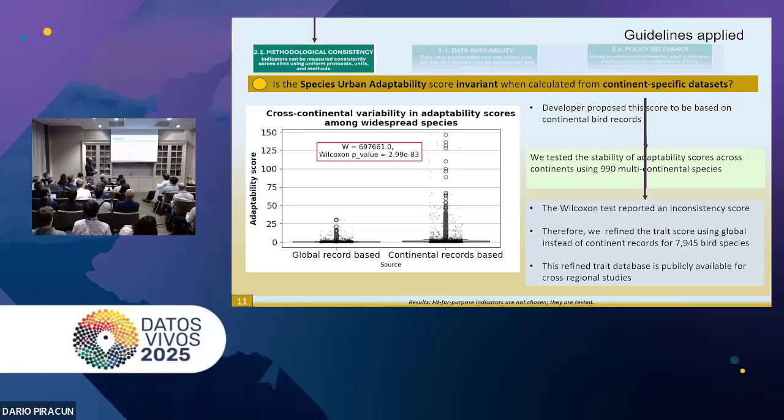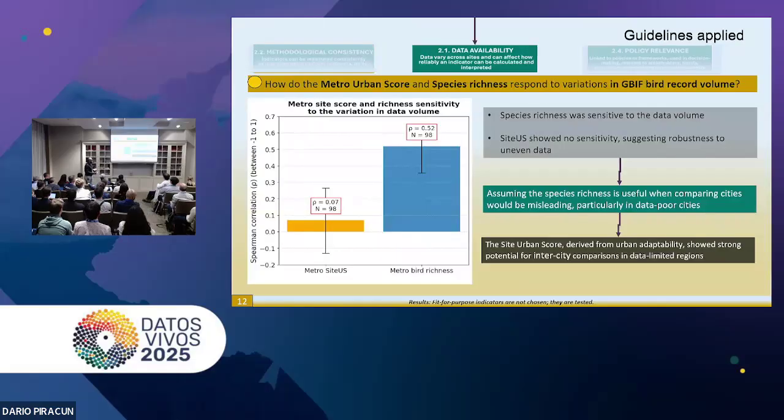Therefore, we derived the urban species adaptability score for up to 7,945 species to move this forward. This defined trait database is publicly available and can be used for other studies. That is something we might really miss if we moved forward without testing these indicators for adoption.